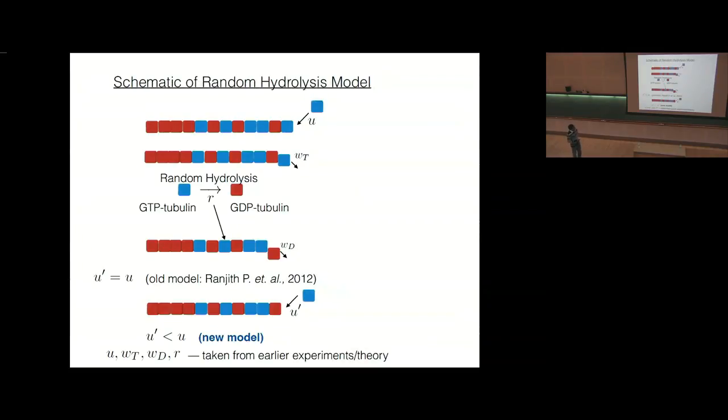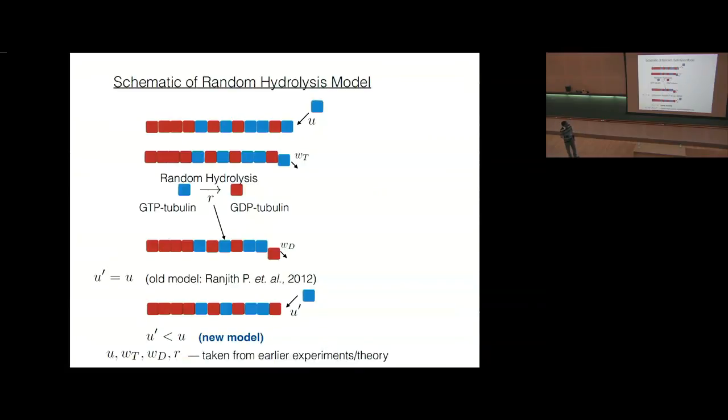But it turns out that for matching various experimental data, people were making ad hoc assumptions, at least in this paper, for example, that if you have two GDP tubulin monomers at the tip, then something like a catastrophe will happen, and so on and so forth.